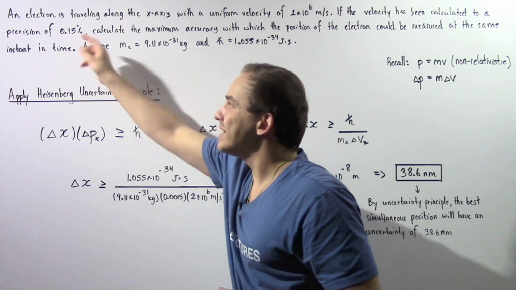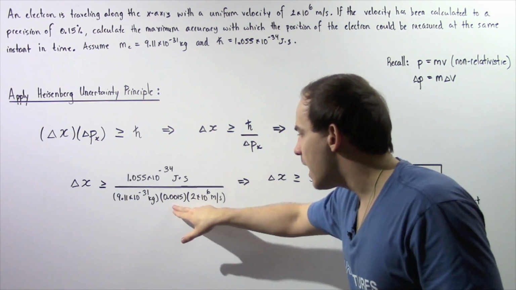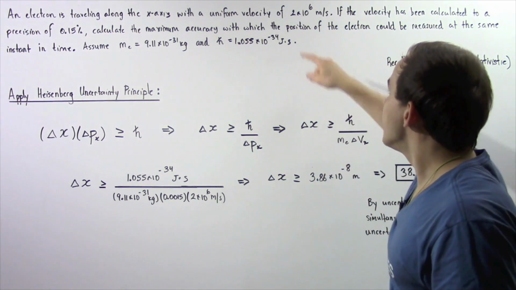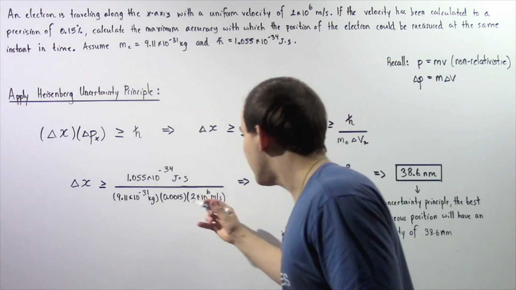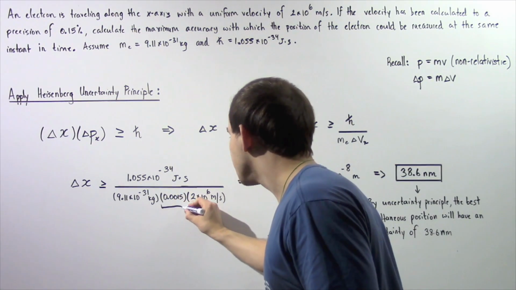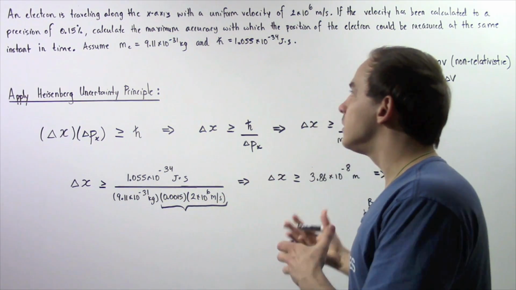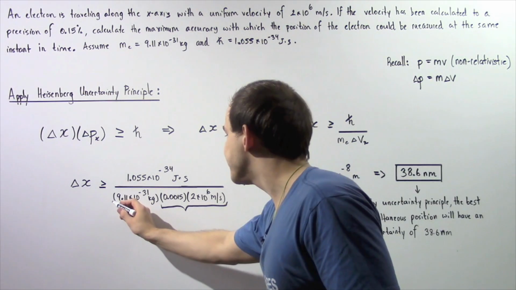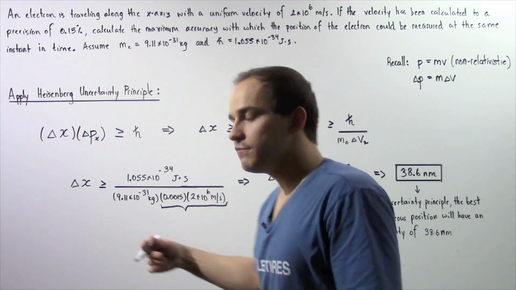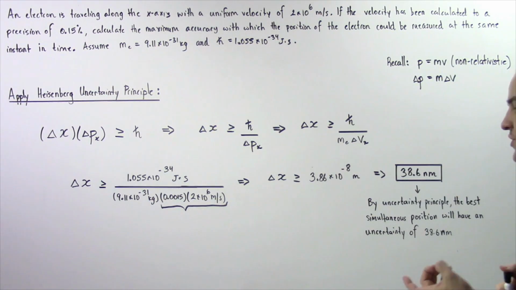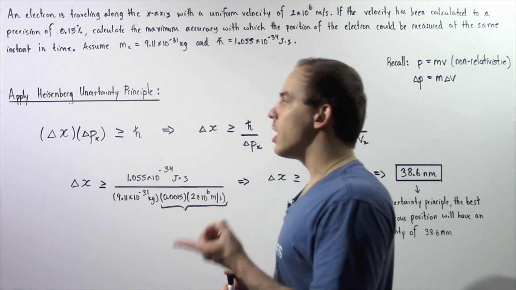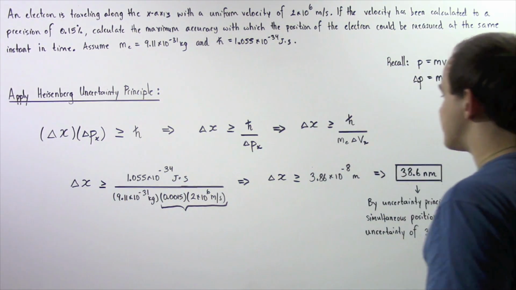So 0.0015 multiplied by the velocity of our electron. So this quantity gives us the uncertainty of our velocity of that electron, and this entire denominator, if we multiply this by the mass, that gives us the uncertainty of our momentum of that electron along the x-axis.